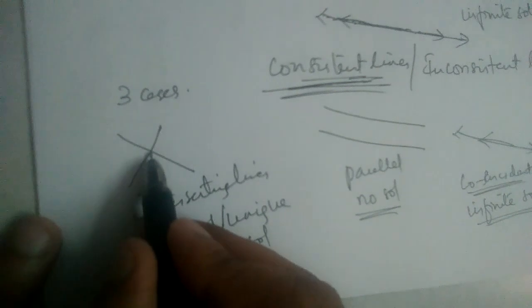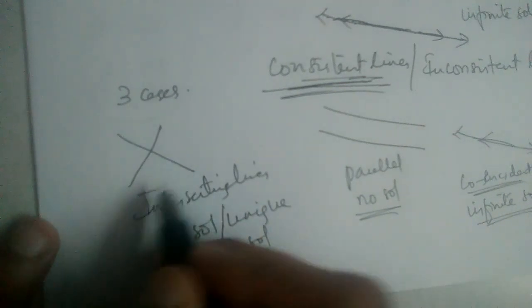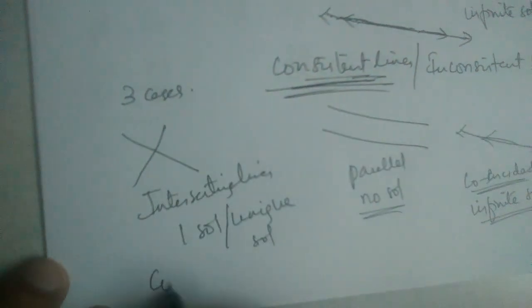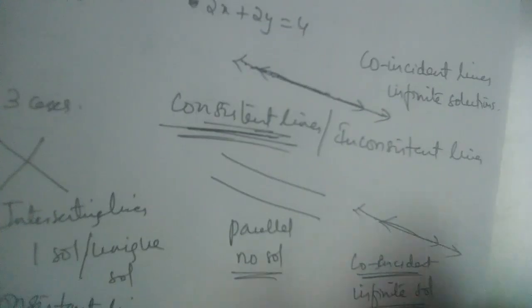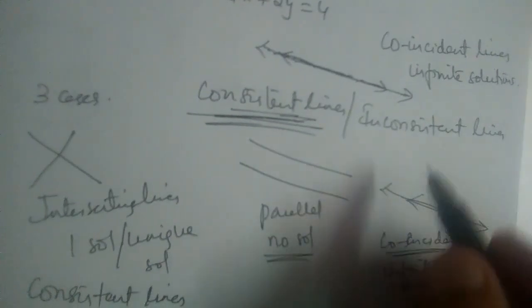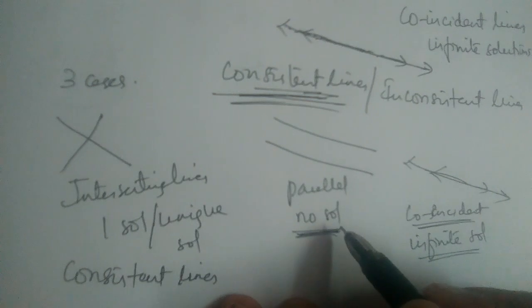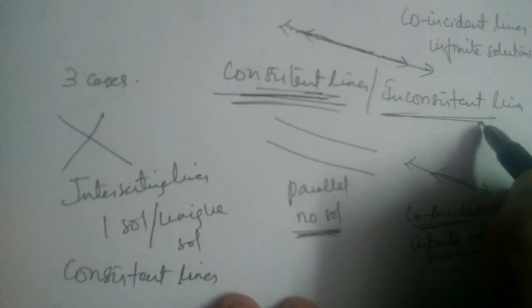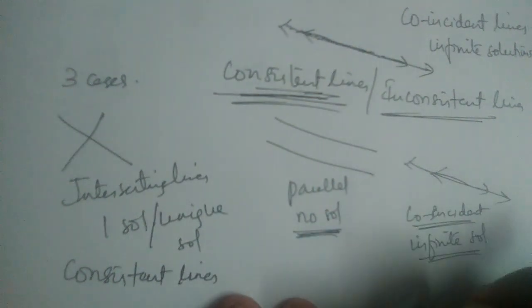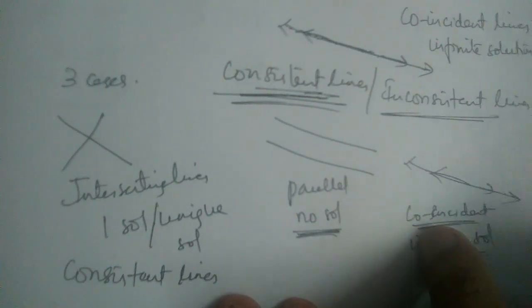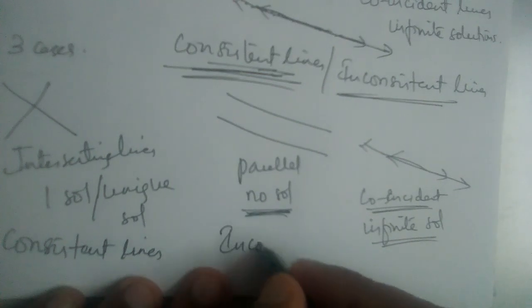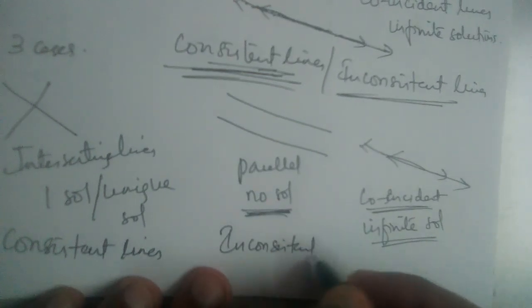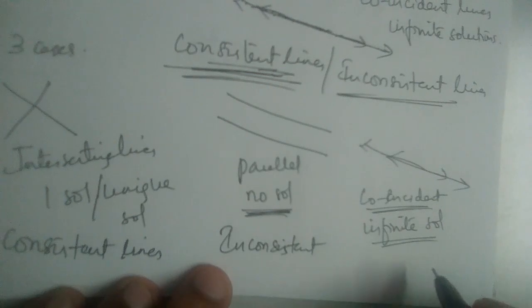Yes. So the intersecting lines are consistent lines. Parallel lines, they will have no solutions. So inconsistent lines will have no solution at all, not even a single solution. So parallel lines are inconsistent lines.